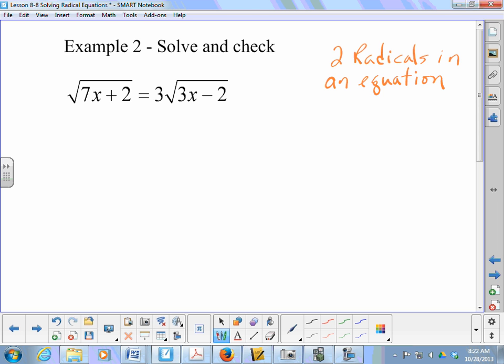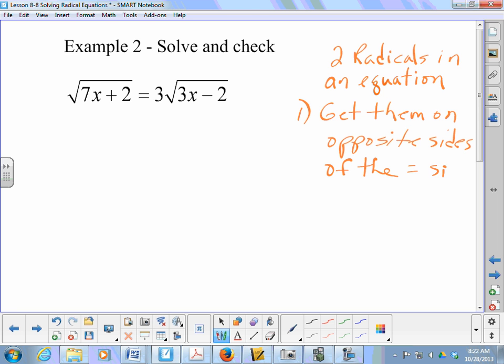If there's 2 radicals in an equation, the first thing we want to do is get them on opposite sides of the equal sign. First thing is get them on the opposite sides of the equal sign. Okay, this is great. They are. Two radicals, opposite sides, equal sign.